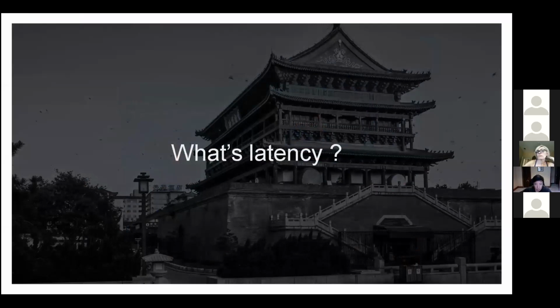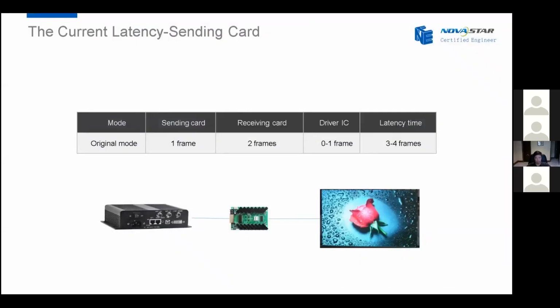So from those two cases, we can see there is some latency, some delay, during video transmission. But what causes the latency? In a standard LED control system, the structure is: the video source goes to the sending card, the sending card transmits the data to the receiving card, and then it goes to the LED modules.